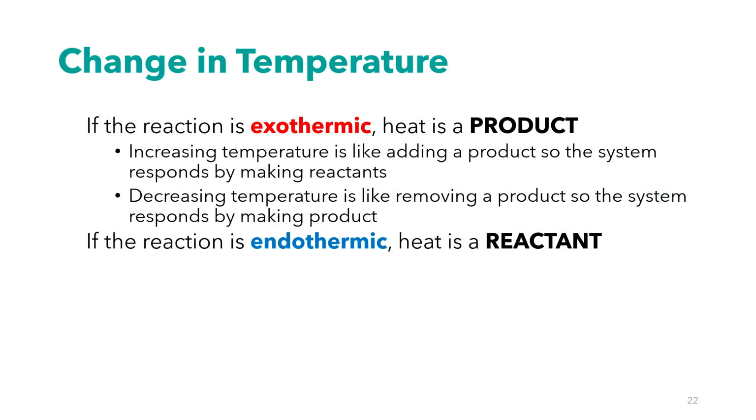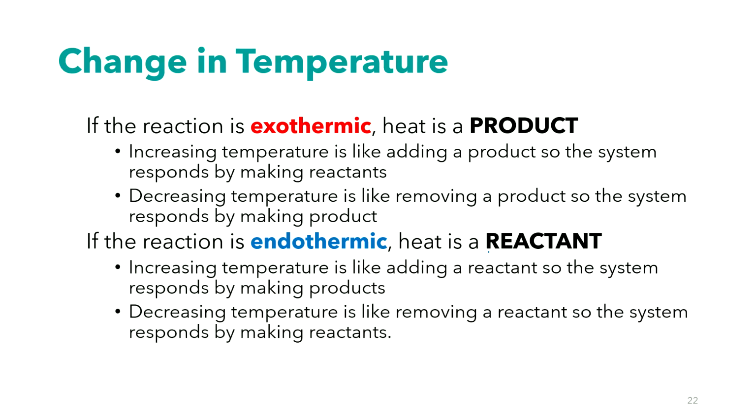And then the opposite is true for endothermic because heat is a reactant. That's the example we just walked through. Increasing temperature would be like adding a reactant, which means we're going to make more product. Decreasing the temperature would be like removing the reactant, and so we respond by making more reactant.